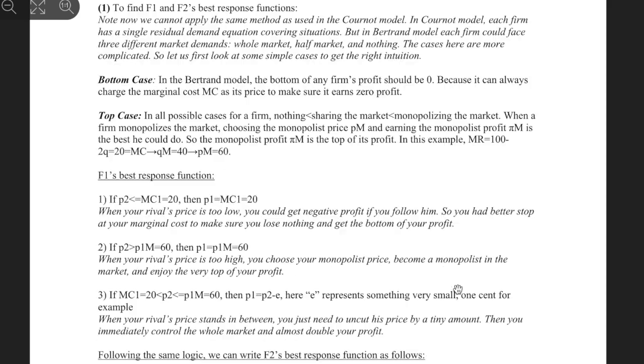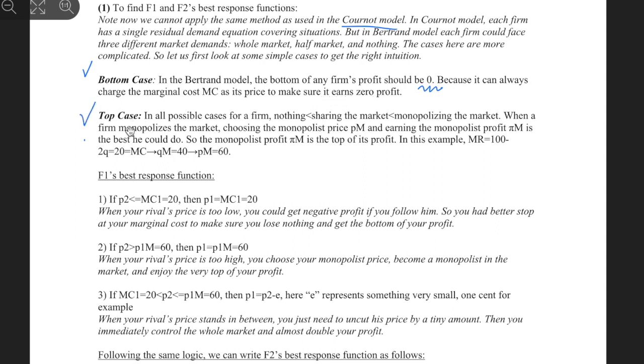To answer, we have to find the response functions. Note we cannot apply the same method as in the Cournot model because we have a different scenario. The bottom scenario in the Bertrand model is that the profit of any firm should be 0, because it can always charge its marginal cost MC as its price to make sure it earns 0 profit.